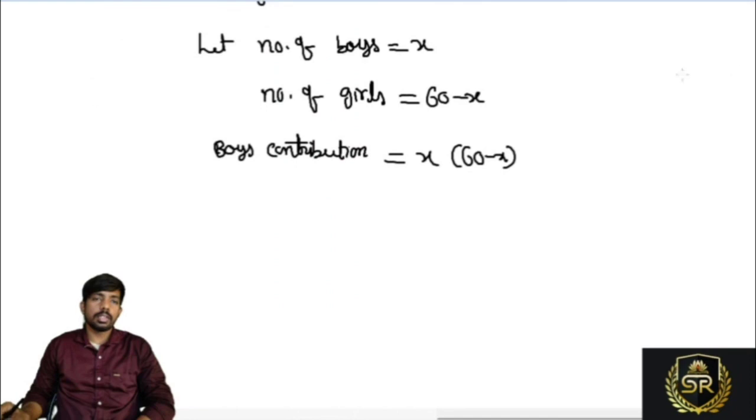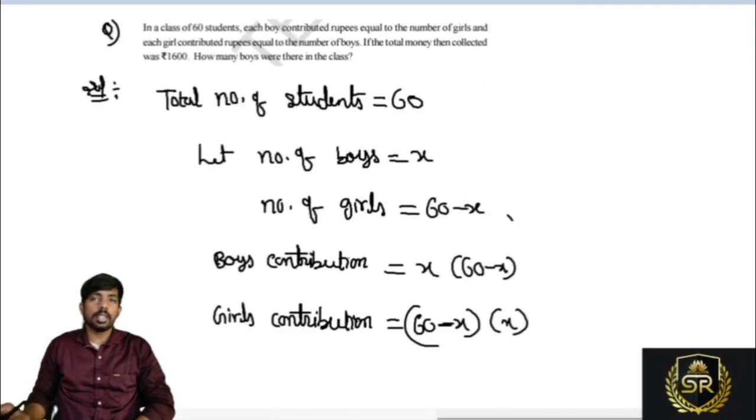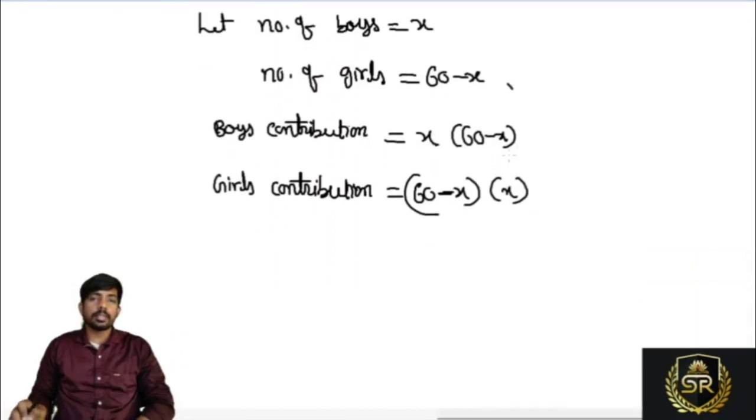And girls' contribution is 60 minus x into x, reversed, girls into boys. Because each boy contributed rupees equal to the number of girls, and each girl contributed rupees equal to the number of boys. So boys' contribution is x into 60 minus x, and girls' contribution is 60 minus x into x.